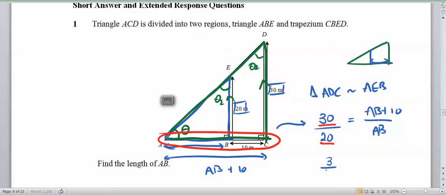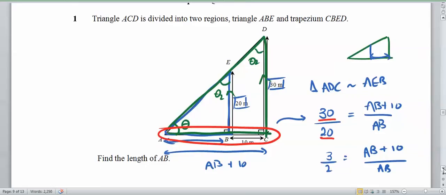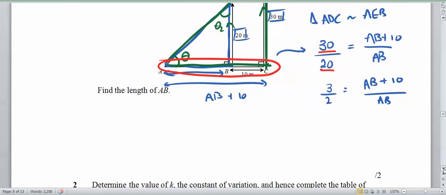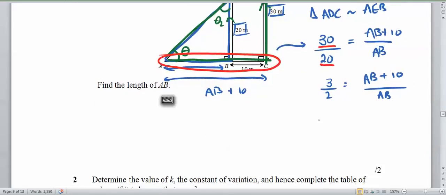So we've got 3 over 2 is equal to AB plus 10 over AB. Let's cross multiply. 3AB is equal to 2AB plus 20, which gives us AB is equal to 20. There you go, it's pretty easy marks, that one.